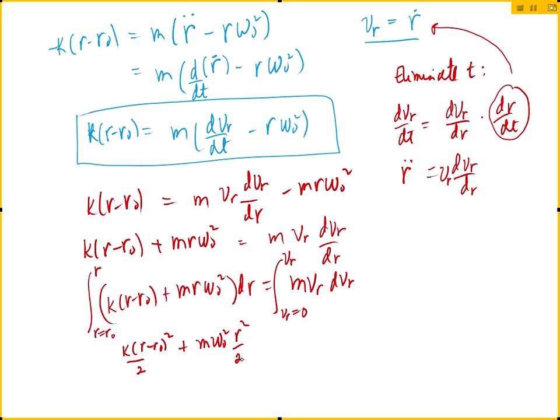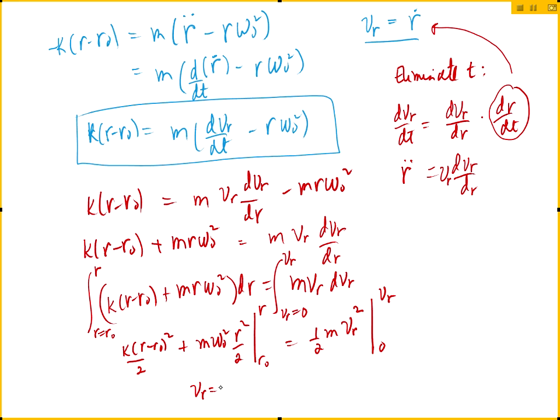M is a constant, omega naught squared is a constant, so it would be r squared over 2, evaluated from r naught to r, which must be equal to, on the right side, the integral of VR dVR, which is VR squared over 2, evaluated from 0 to VR. So what would I get here? What would be our VR?